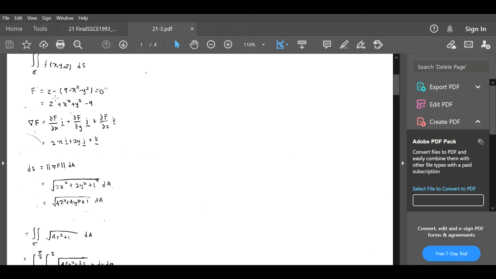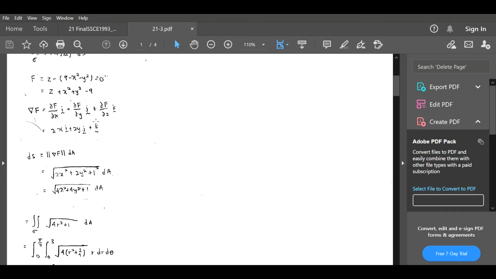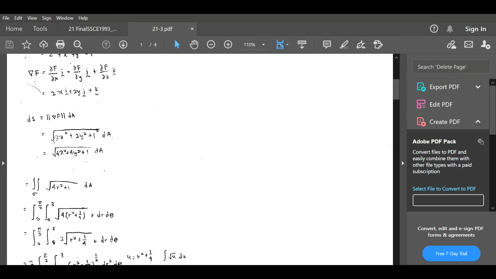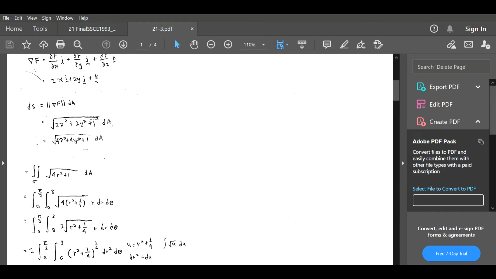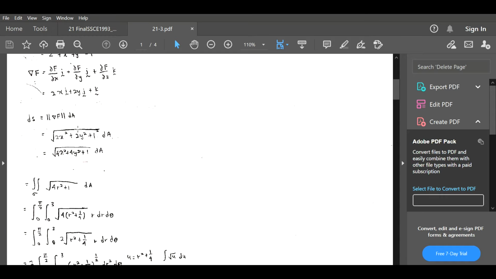So this is del f: differentiate f with respect to x, with respect to y, and then with respect to z. So after differentiating, we will get this one. And then we need to find dS. So dS is this formula, the gradient of f, and then dA. So dA is fixed. So use this, and then this is what I get from here.